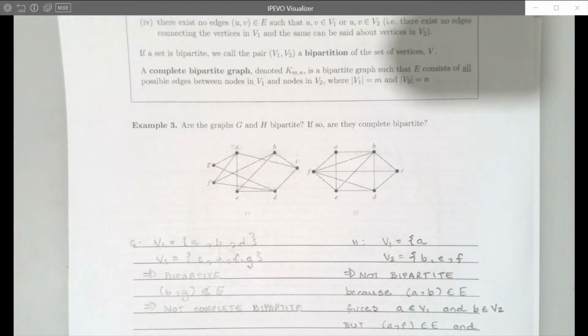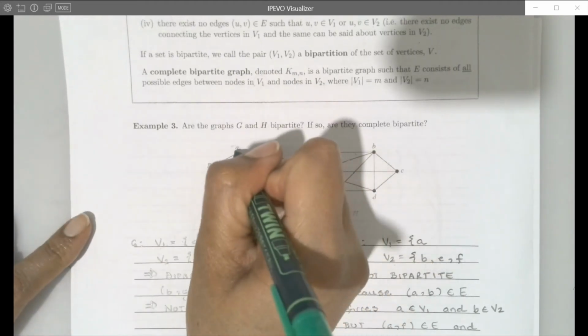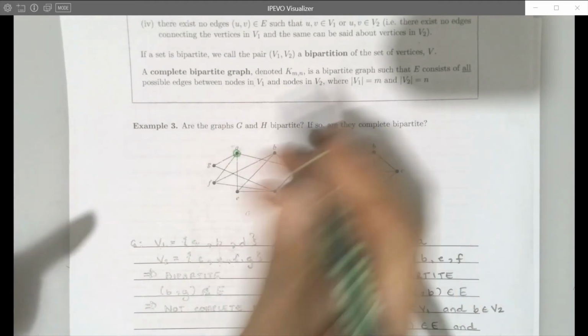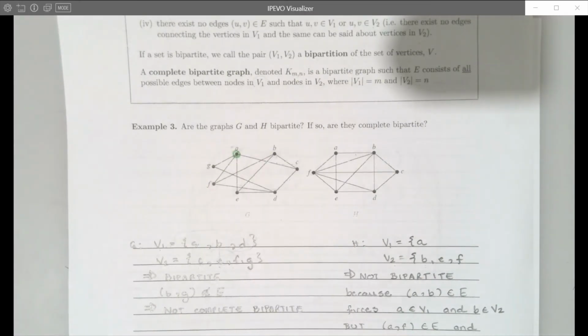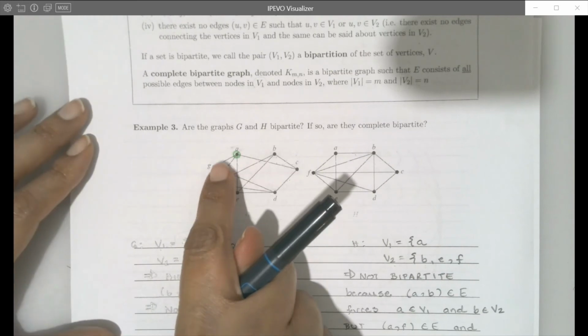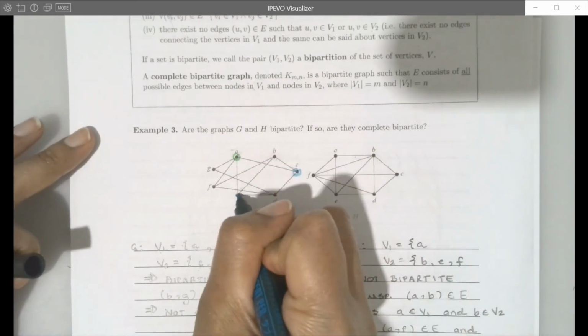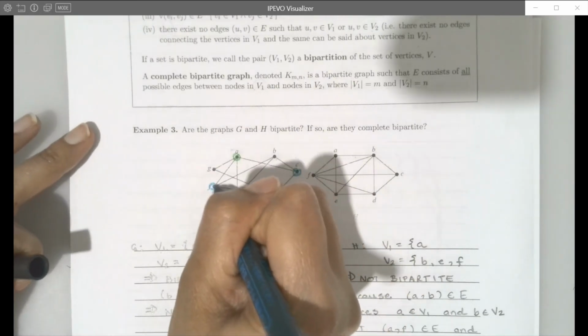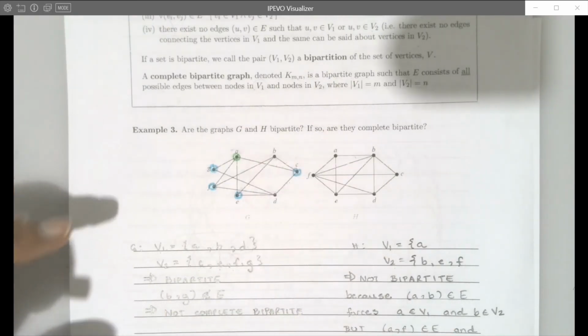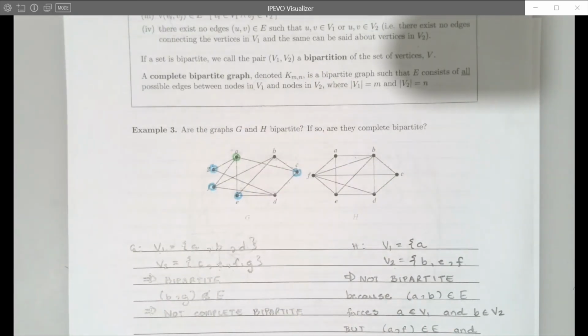Okay, so let's start with G. What I'll do is I'll color code the node A as green, and then A is connected, we said, to 4 nodes, to C, E, F, and G. So all of those are going to receive a different color because we want edges to have 2 nodes of different color.